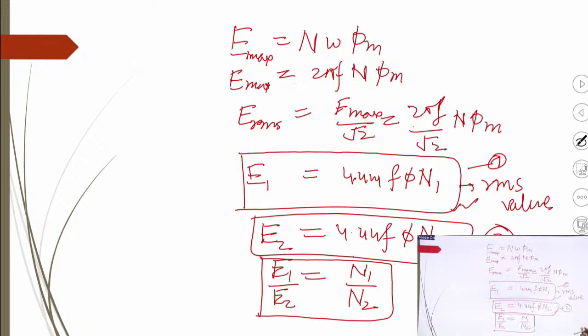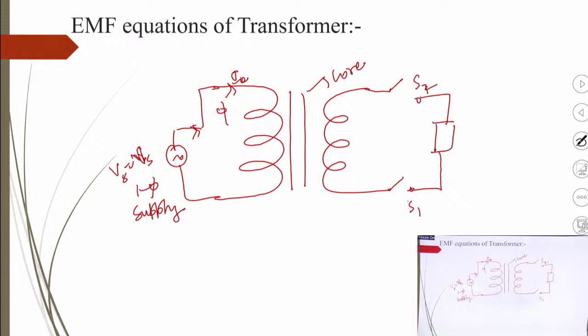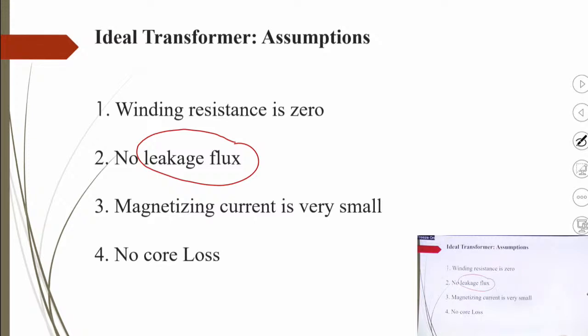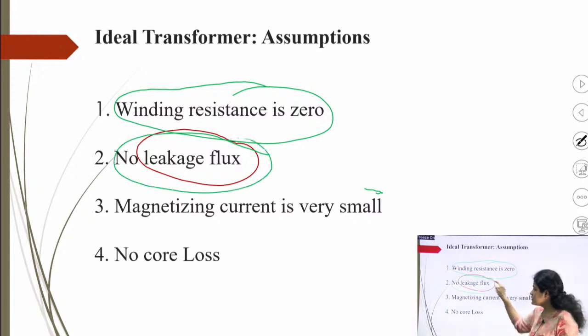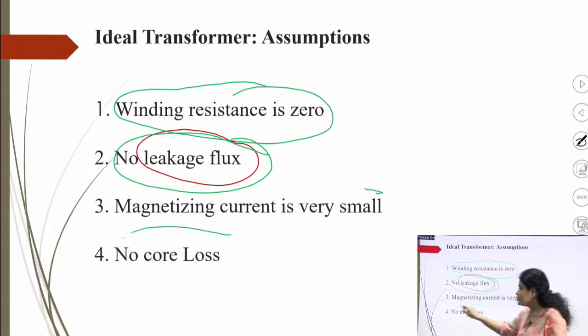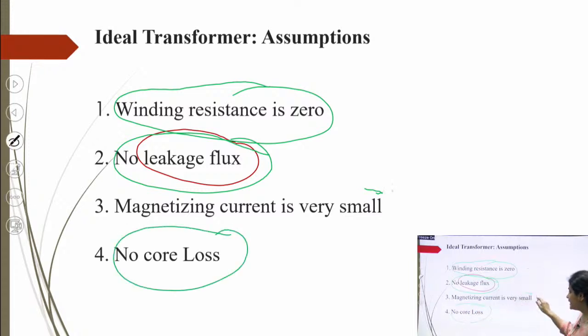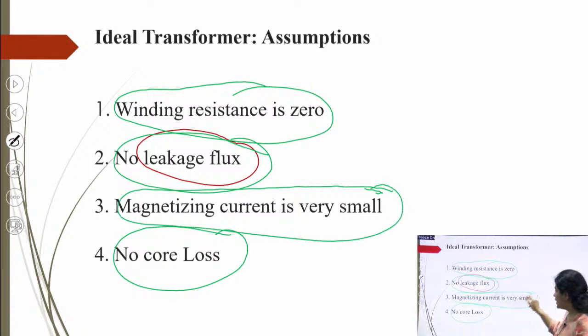One thing you can see here: in this case we assume there is no winding resistance, so we haven't included any winding resistance in the phasor diagram. There is no leakage reactance, that means all the flux is confined within the core, there are no core losses, and the magnetizing current is very small. The concept of magnetizing current is that it is used to produce the flux, right. It is responsible for producing the flux.